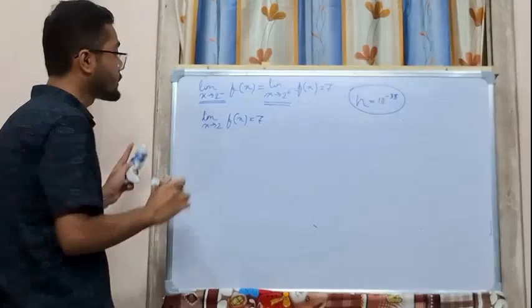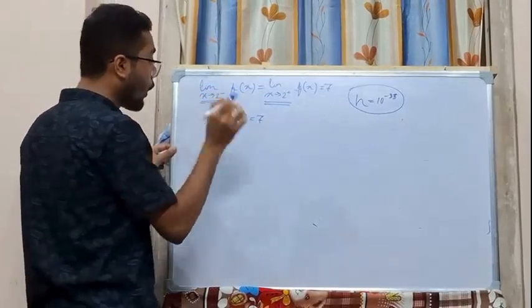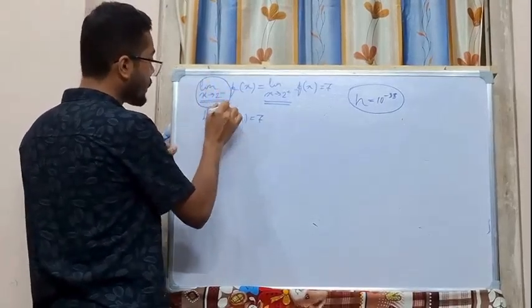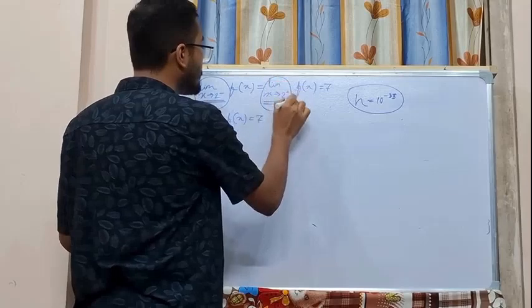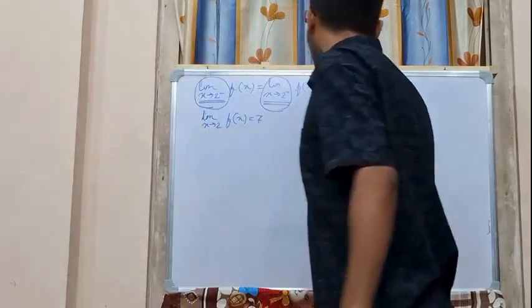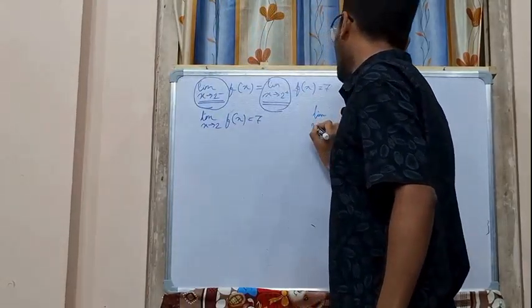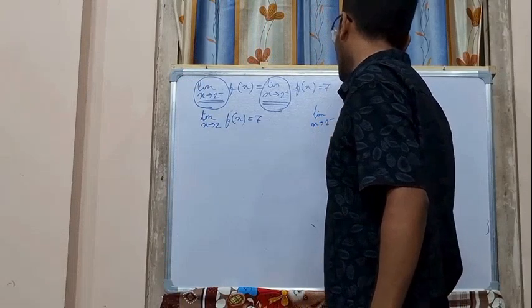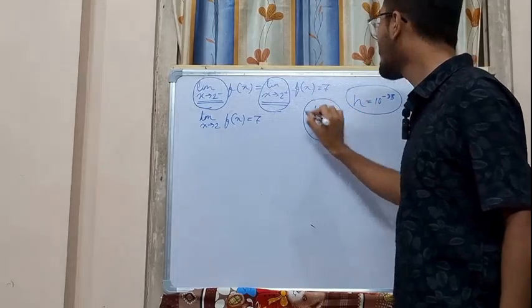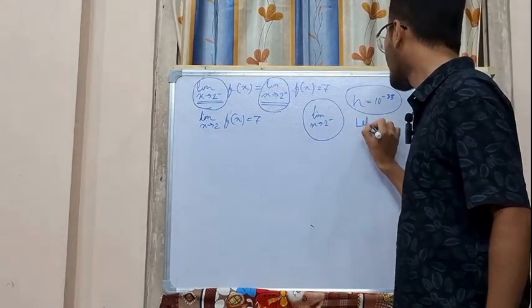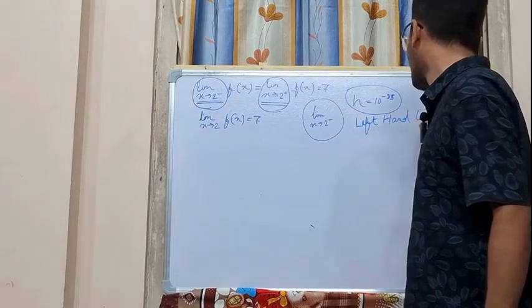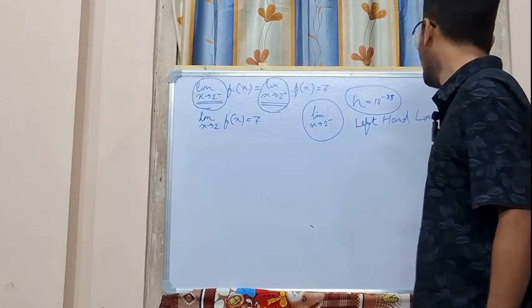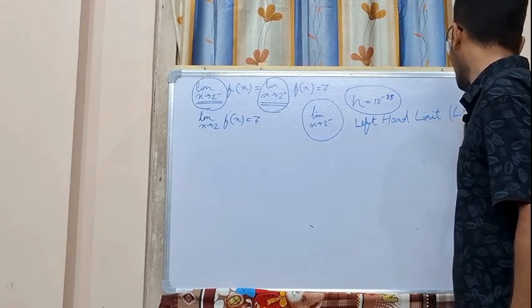Now a question arises, what will this limit be called? And what will this be called? Limit x tends to 2 minus will be considered the left hand limit. We can write it as LHL.